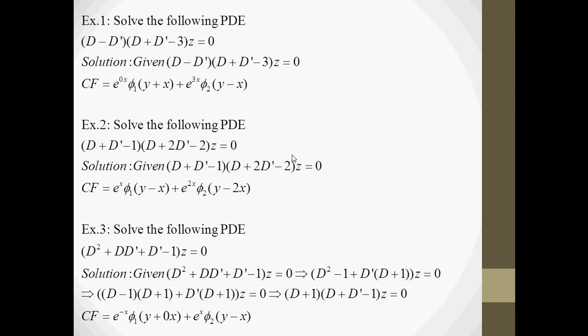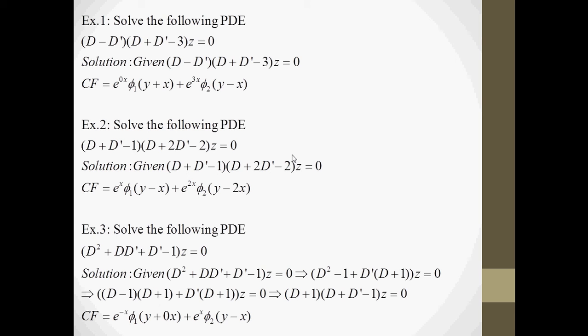We take an example. Solve the following partial differential equation: (D - D')(D + D' - 3)z = 0. Solution. Here the value of the constant in the first bracket is 0, so the complementary function will have e^(0x).